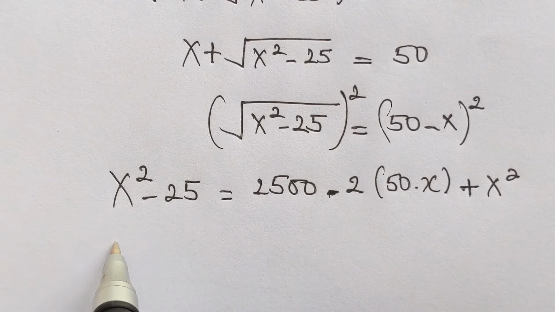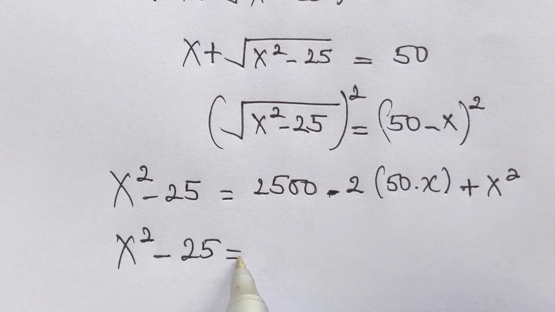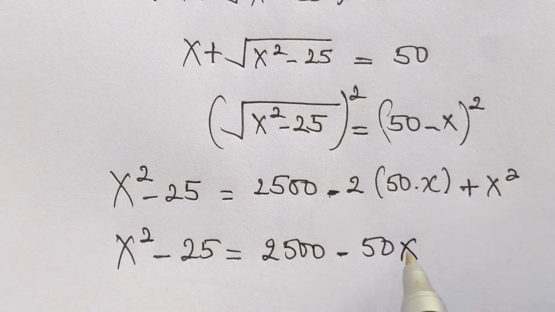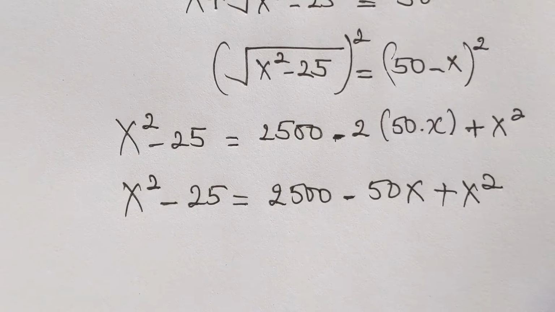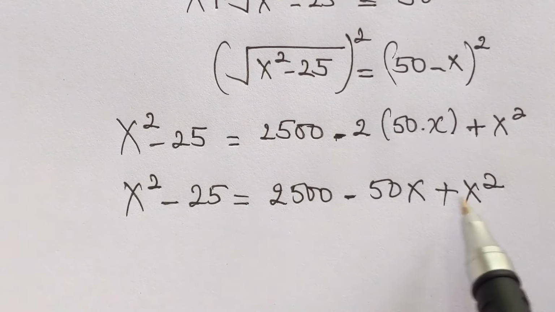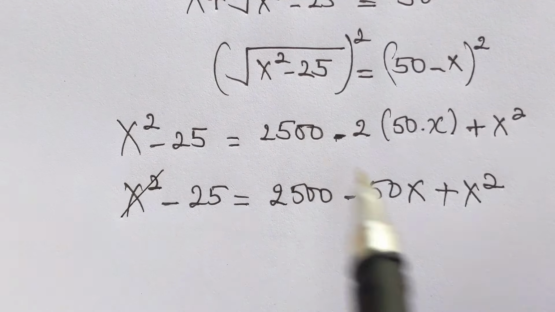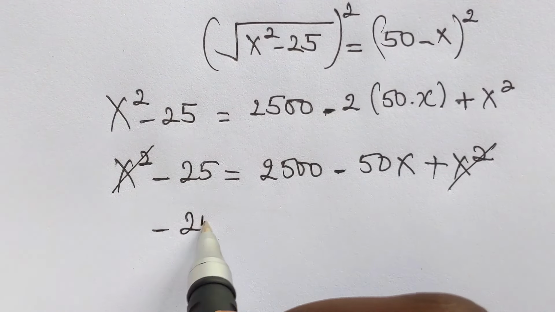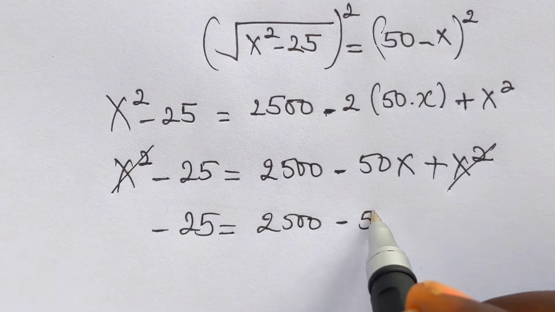Right, then x squared minus 25 equals 2500 minus 100x plus x squared. If you see nicely, we have the same variables with opposite signs, so they cancel to get negative 25 equals 2500 minus 100x.